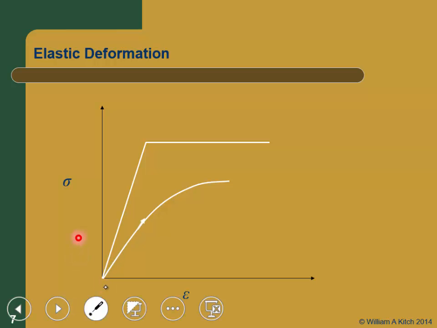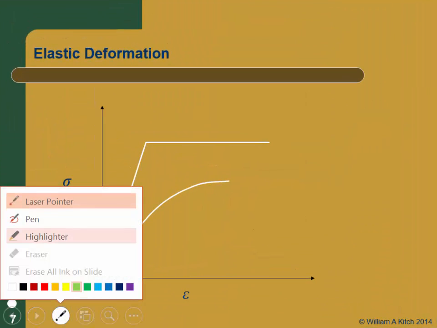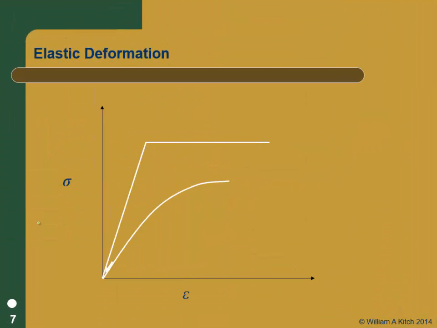But I could also load on this curve up to this point right here. Now if I unloaded and it went back down the same curve, that's still elastic. It's not linearly elastic, and I'll show you that with successive increments. Let's just divide this into two parts, here, and this one's the same amount, and here.